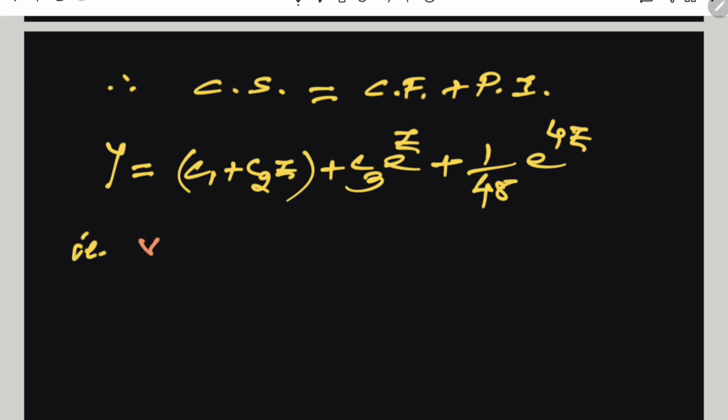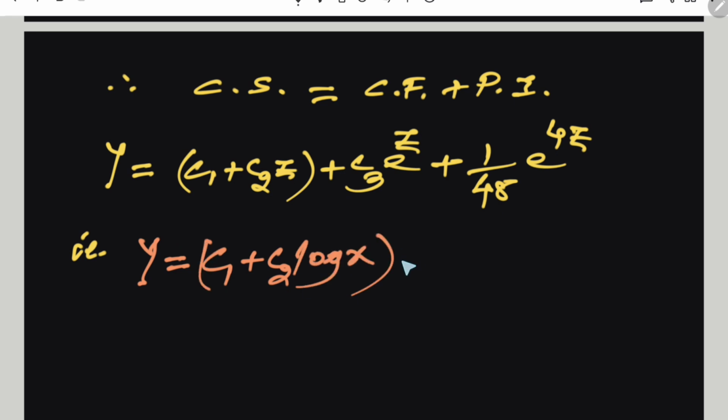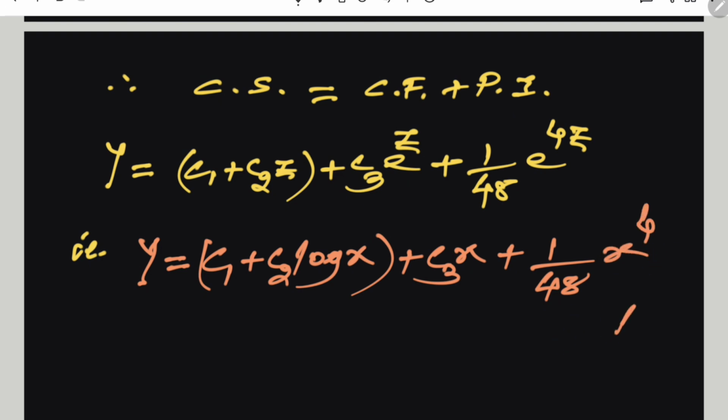This is not the final solution. The final solution must be in terms of x and y. Therefore, once again replacing z by log x and e raised to z by x, we get C1 plus C2 log x plus C3 x plus 1 by 48 x raised to 4 as the required solution or required answer.